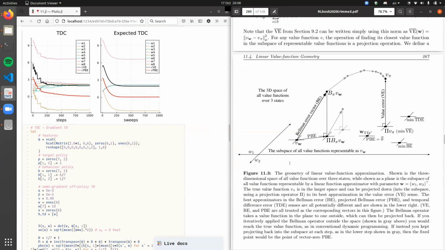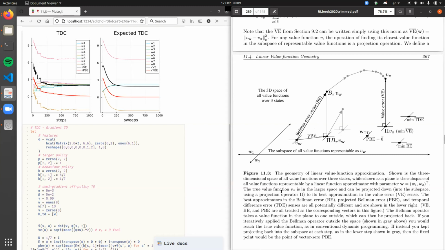Essentially, in a couple of words, there are a bunch of different ways to represent the error corresponding to our approximated value function and the true value function, and all those errors are different.